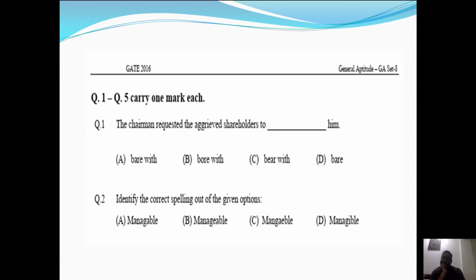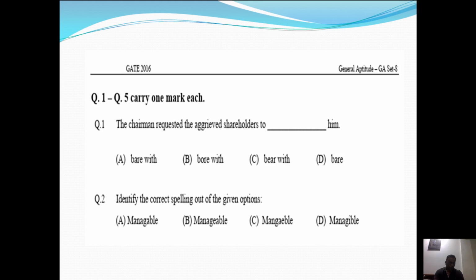Or option D, bear. In such a situation, generally the chairperson or chairman requests the shareholders to bear with him. So the correct answer will be "bear with him." Option A is the correct one.